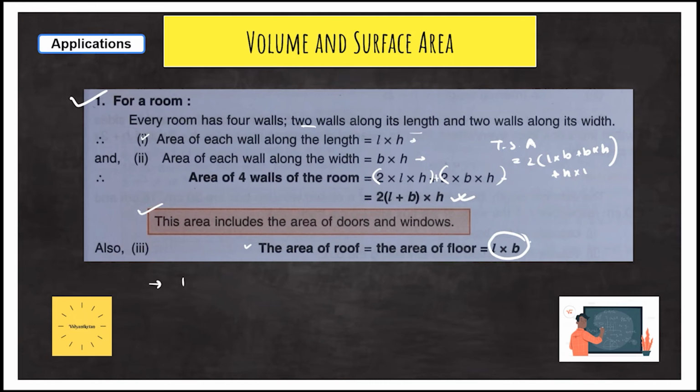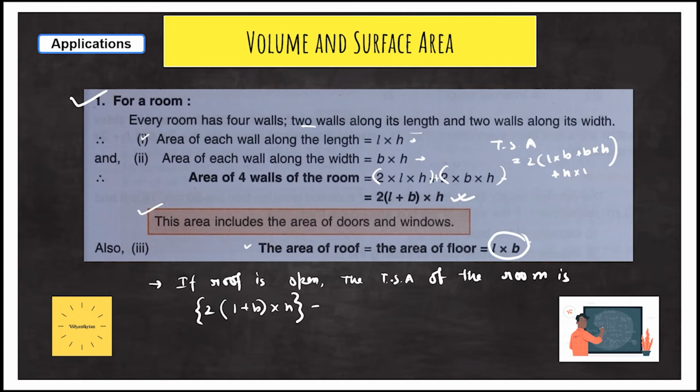So at that particular time, if roof is open, then total surface area of the room is 2 into L plus B into H plus L into B, because for 4 walls we are getting the area, and for only the floor we are getting the surface area. For the roof we don't have the surface area. So in this way the problems will come in your exam, so just remember all these things.